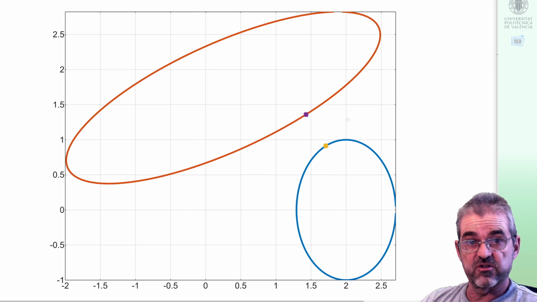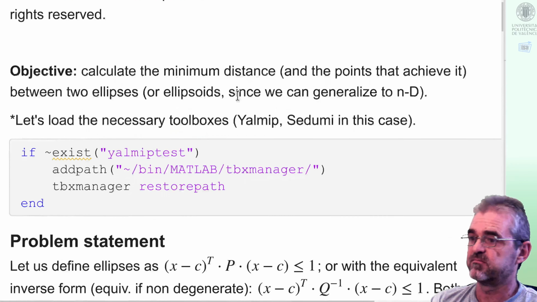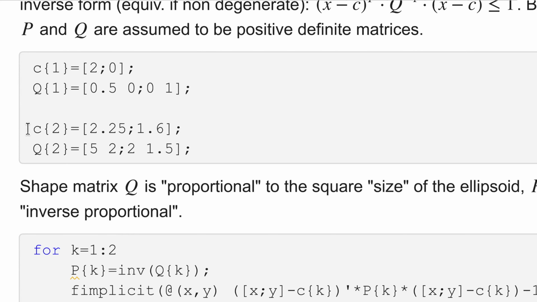Let's just change numbers and do a couple of examples to confirm that this works in other cases. Let me, for instance, move the second ellipse 2 units to the right and change one of the axes, let's say.